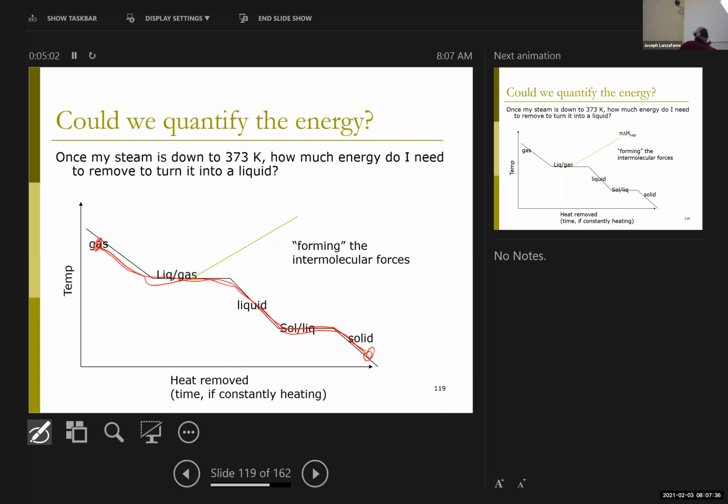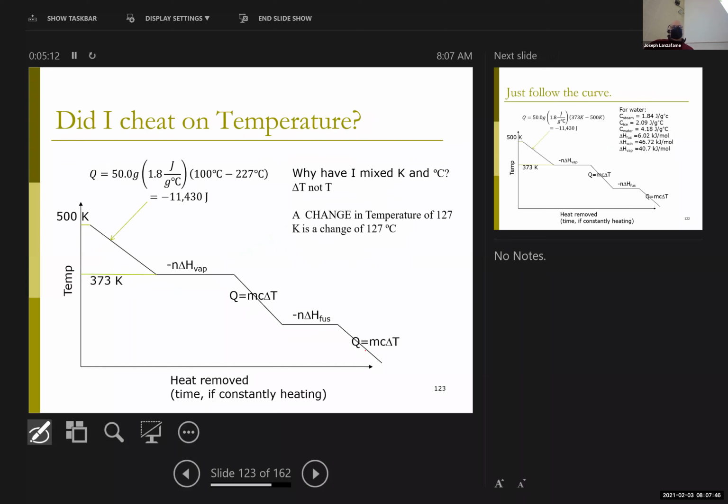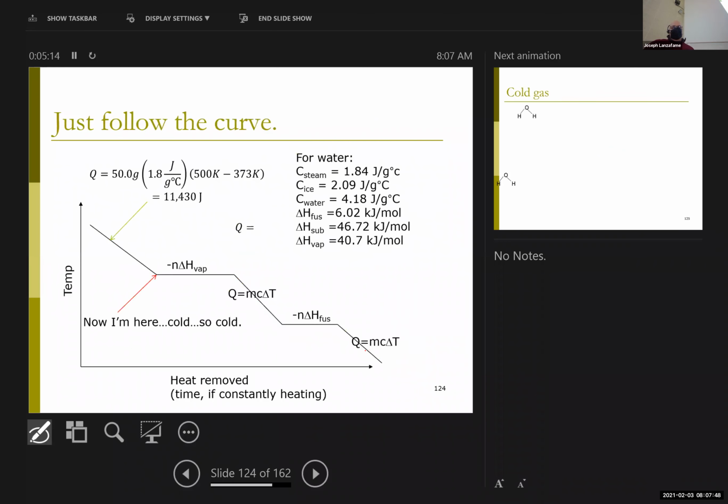And each line is a little different because the physical constants are different. So my slope lines are sort of the classic MC delta T's that we had in Chem 1. We talked a little bit about delta H's in Chem 1, right?